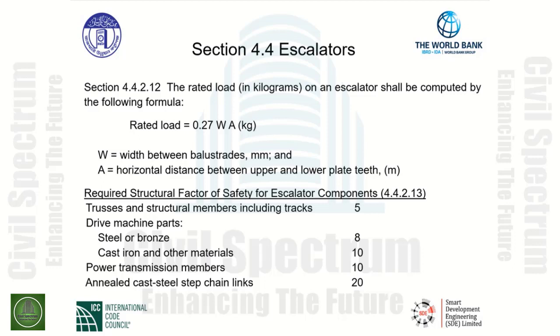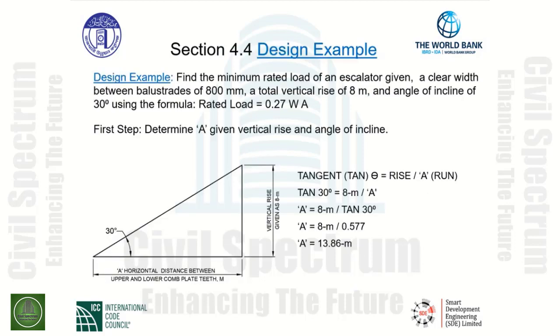Cast iron and other materials, 10. Power transmission members, 10. And the safety factor regarding annealed cast steel step chain links is 20. And again, these are the structural factors of safety for escalator components.